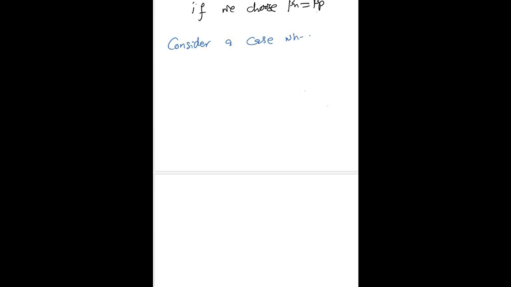We have a process which has these different parameters.